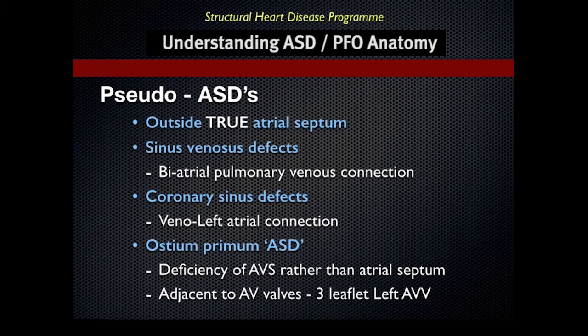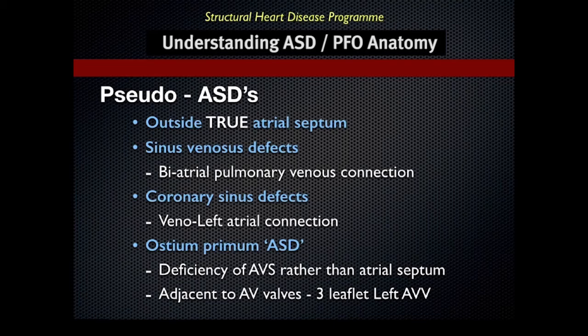So I've termed these pseudo ASDs because they are not, strictly speaking, deficiencies of the atrial septum itself, and really they're best explained in terms of different embryology. Sinus venosus defects are essentially a problem with the pulmonary veins, and this is the situation where the right pulmonary veins connect to both atrial chambers.